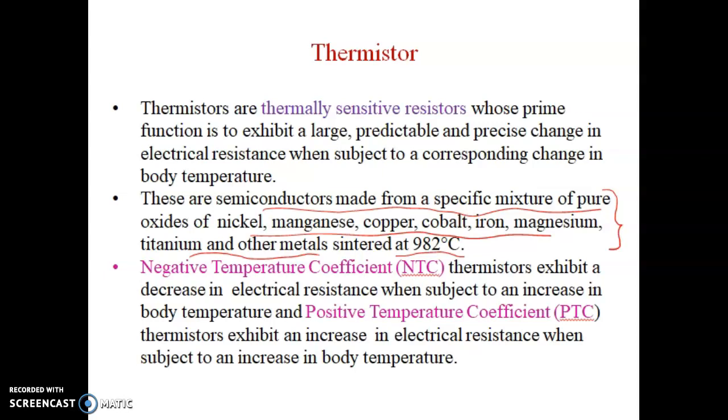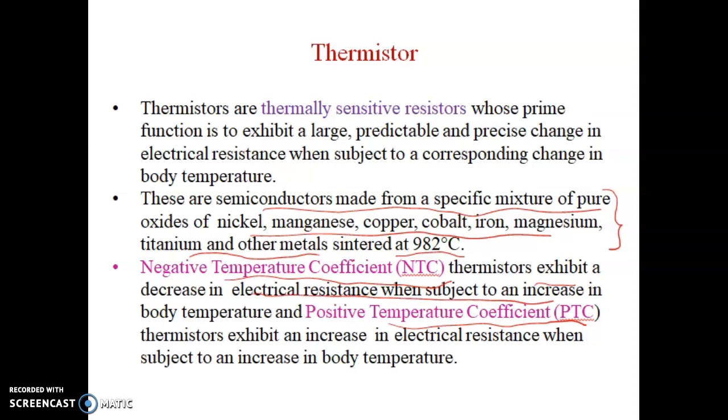We have two types of thermistors based on the resistance temperature characteristics: negative temperature coefficient thermistors, otherwise known as NTC thermistors, and positive temperature coefficient thermistors, otherwise known as PTC thermistors. Negative temperature coefficient thermistors exhibit a decrease in electrical resistance when subjected to an increase in body temperature.